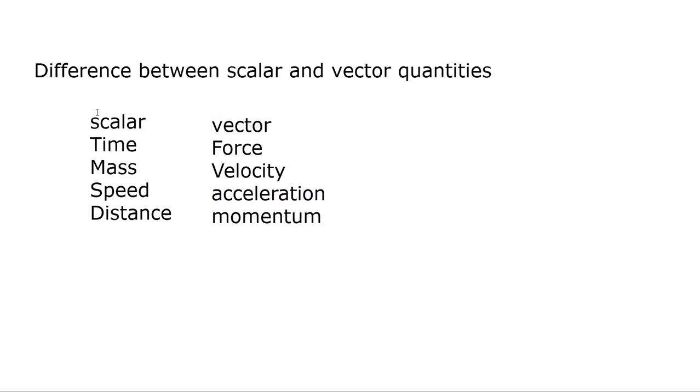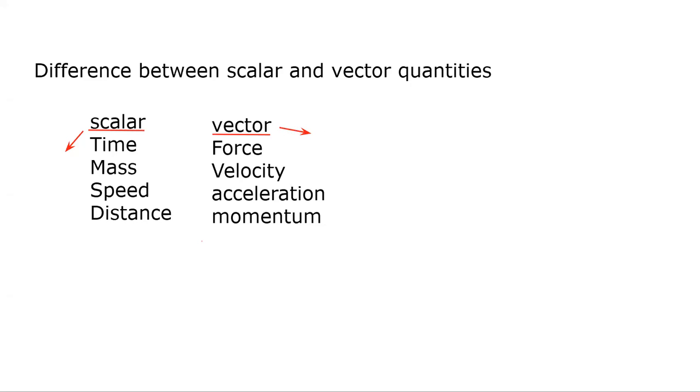The major difference between a scalar and a vector quantity is that in a scalar quantity, only the magnitude is required, but in the vector quantities, magnitude plus direction is also required.